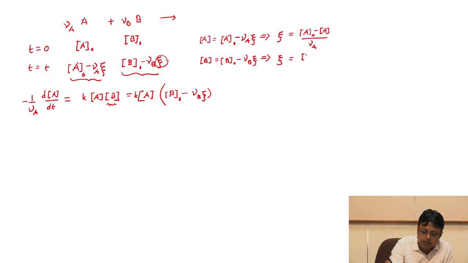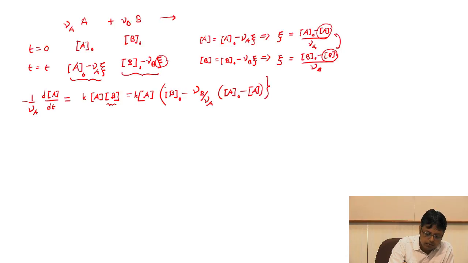Xi is nothing but b0 minus b divided by nu b. So you can now equate these two equations and write b in terms of a. If you do that, I'm skipping the steps, it will be nothing but nu b divided by nu a times a0 minus a. So now I have an equation which depends only on a. Remember that b0 is a constant, just like a0. So b0 is not a problem.